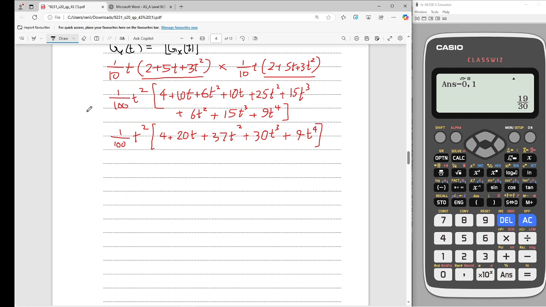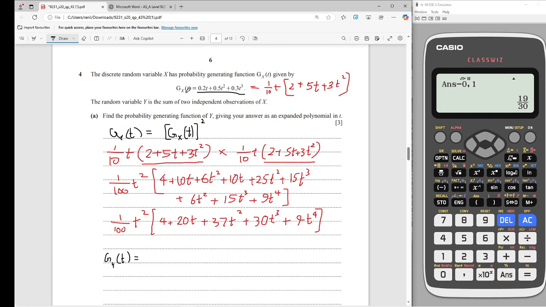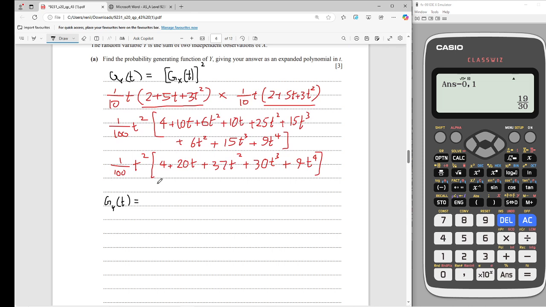So now to write our final answer, remember, factorizing and all, they're not essential steps, they're just simpler steps. If they give you your G_X of t in decimal and unfactorized, they expect our final answer for G_Y of t also to be in the same manner. So this is a simplified form that is much easier, but we need to write this in decimal. So we need to multiply 1 by 100 and t squared.